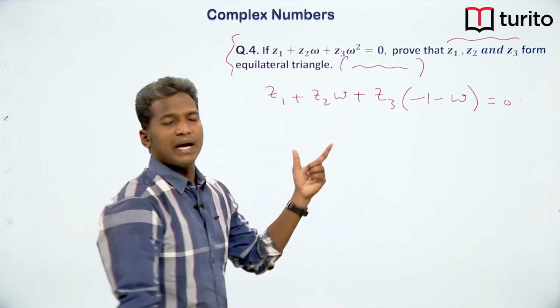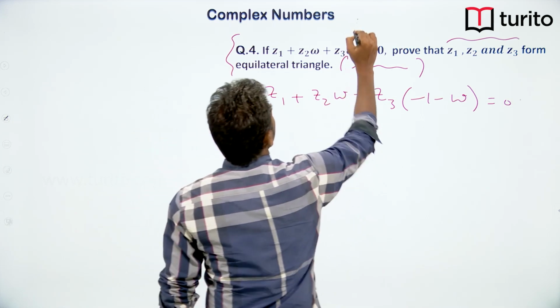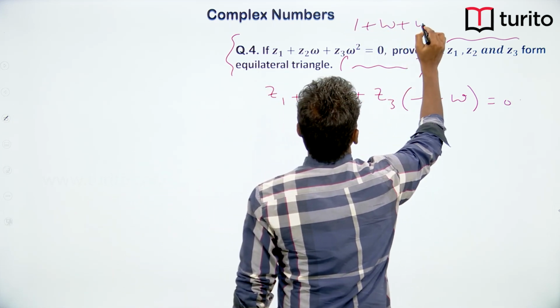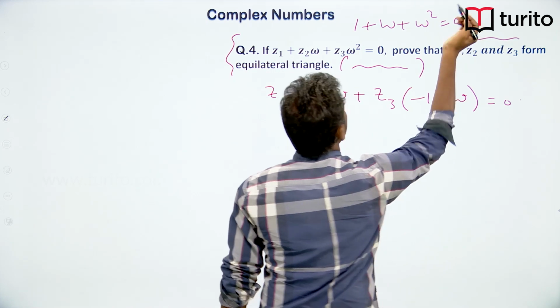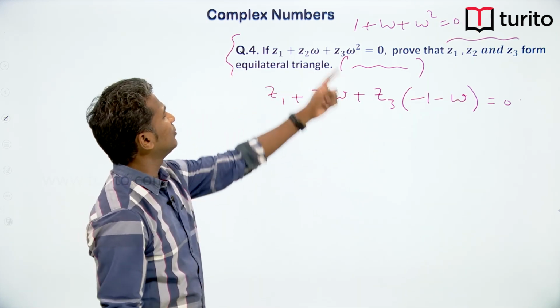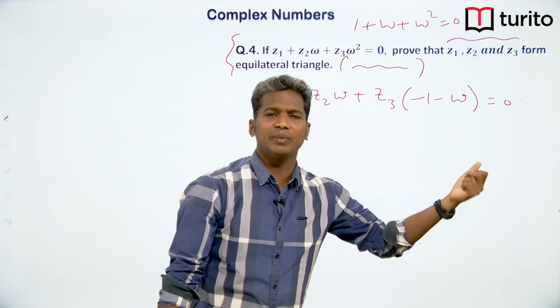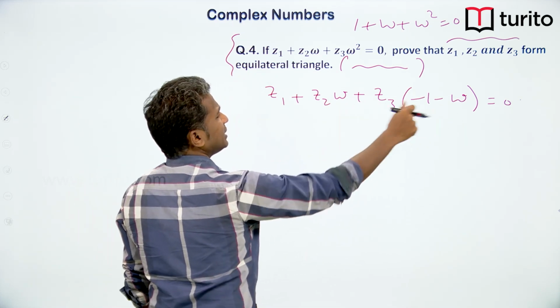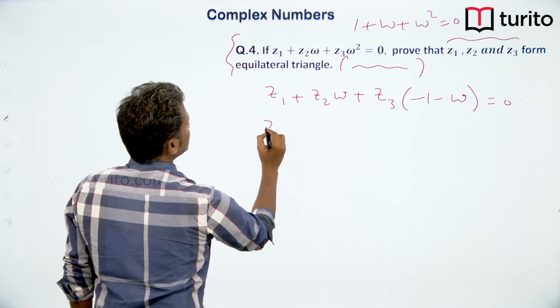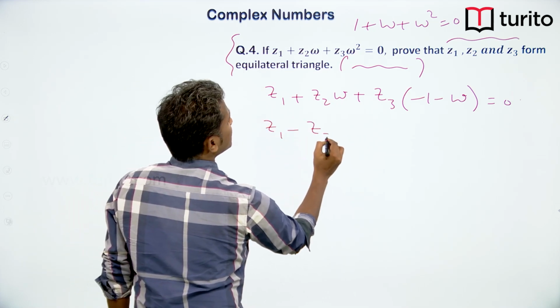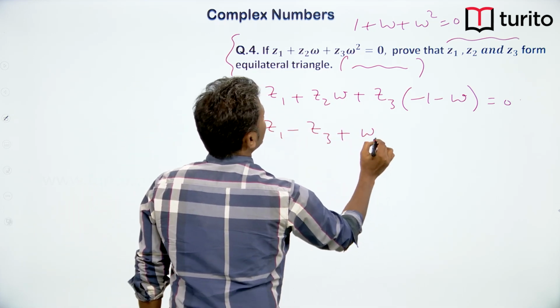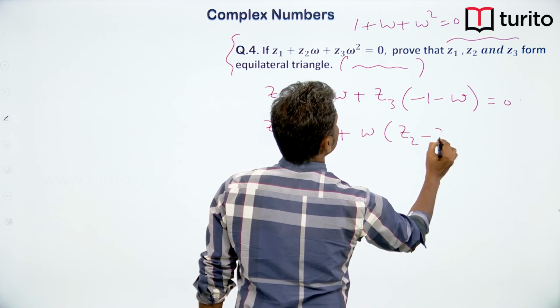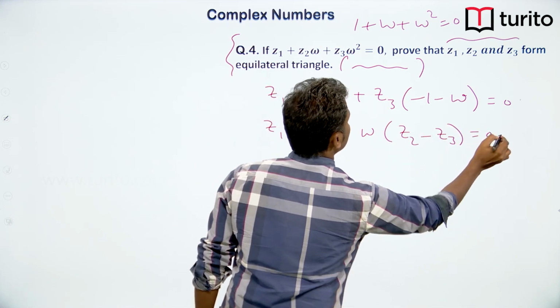You know this idea, because for complex numbers 1 plus omega plus omega square is always 0. So, instead of omega square I wrote minus 1 minus omega. Now, I will take all terms with omega separately and without omega separately. So, I will get something like z1 minus z3 plus omega into z2 minus z3 is equal to 0.